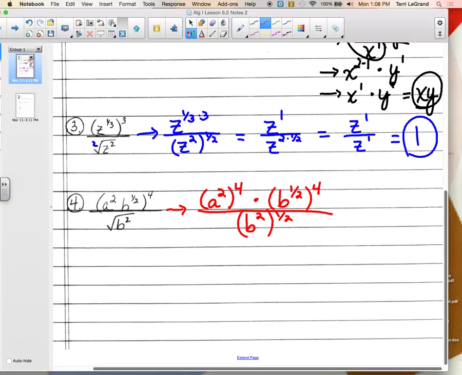We know the root is 2. Okay, so now A to the second raised to the 4th, we do A to the what? 2 times 4. And here we're going to do B to the 1/2 times 4. And downstairs we're going to do B to the 2 times 1/2.